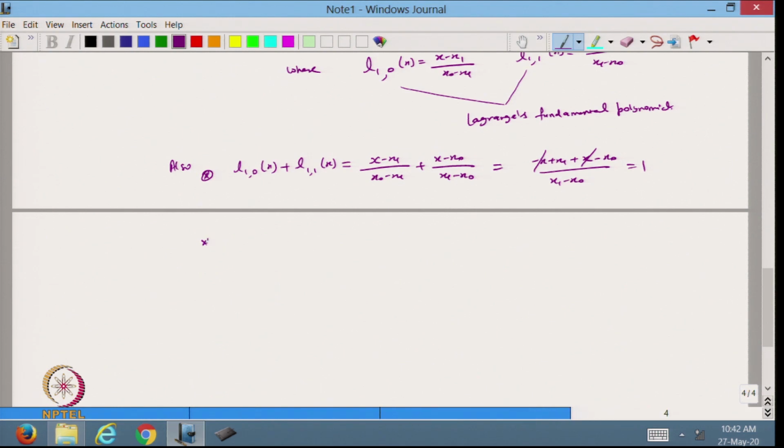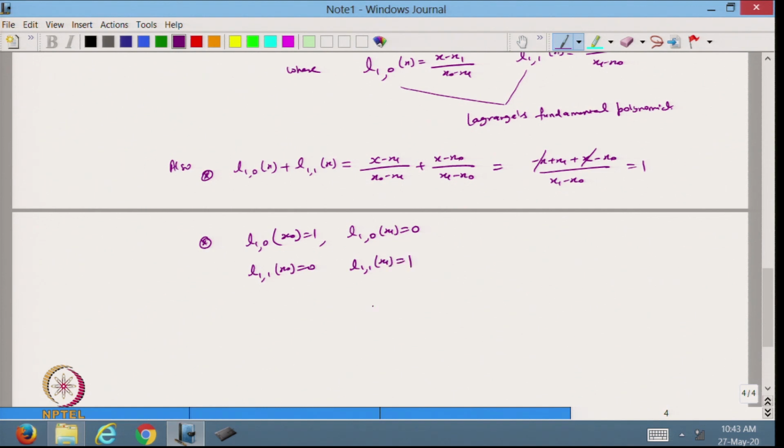The second property is that L10, the fundamental polynomial, linear and defined at x0, if I put x0, its value should be 1, and if I put L10 at x1, its value should be 0. Similarly, L11 at x0 should be 0, and L11 at x1 should be 1.